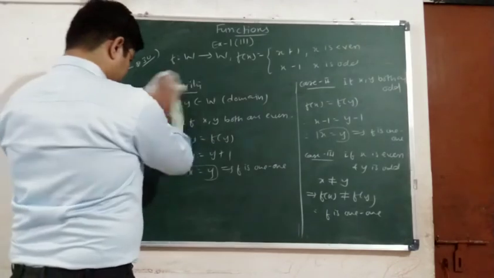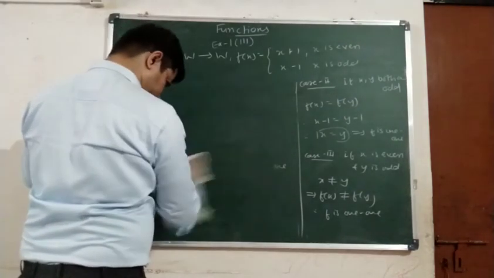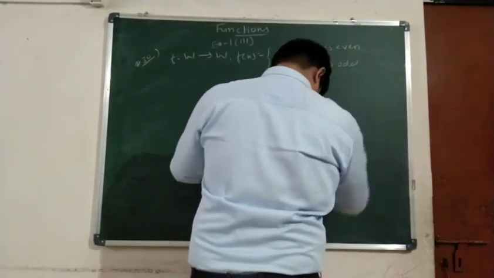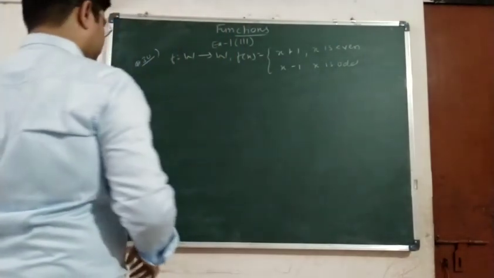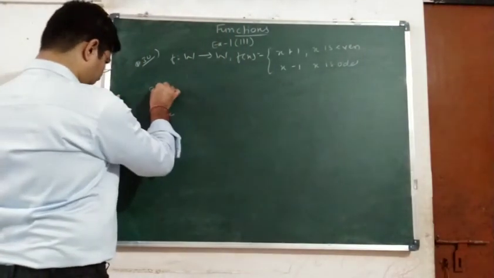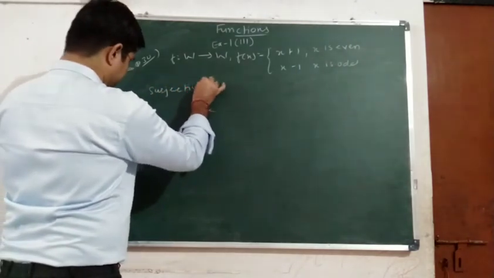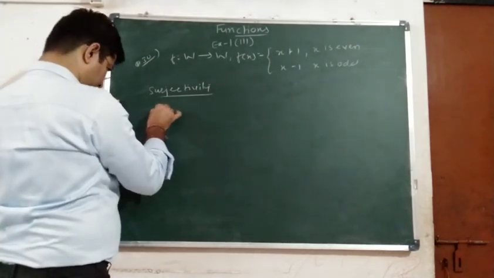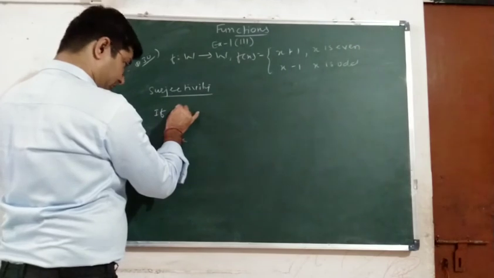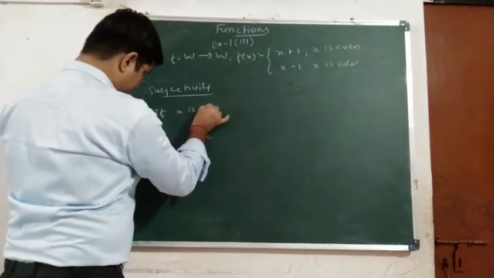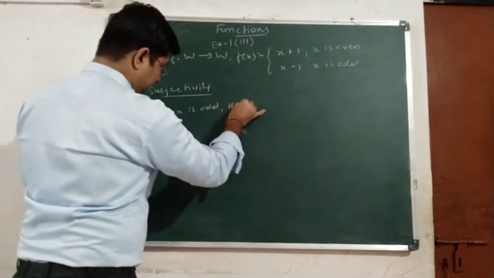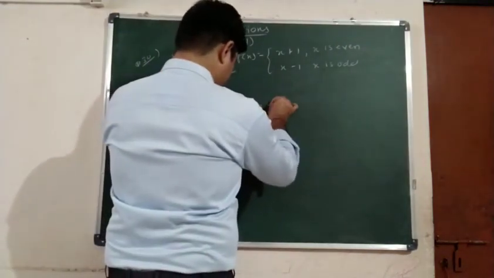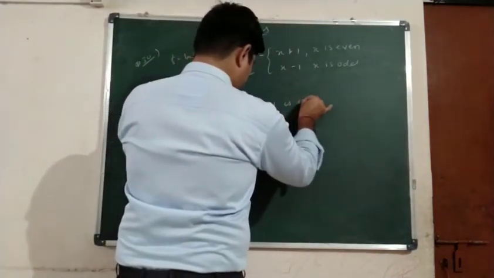Okay, now we will check surjectivity. Suppose x is an odd number, then x minus 1 will be even.